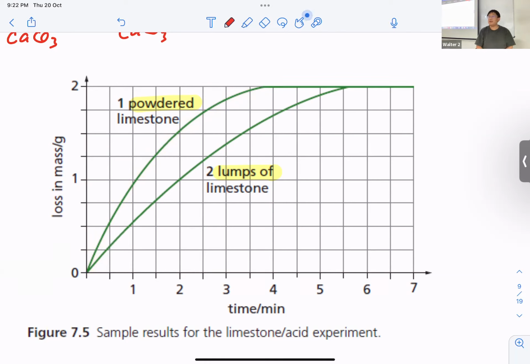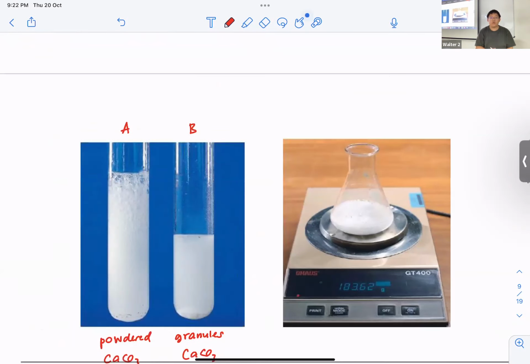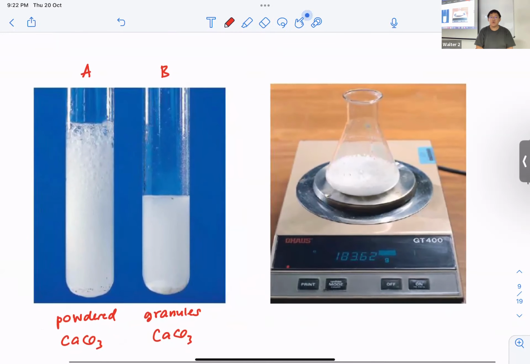But one thing that you must notice is, okay, if you want to calculate the rate of reactions fairly, you have to keep something constant, which is the mass of the calcium carbonate as well as one more thing. Besides, now what are the two reactants that you have?